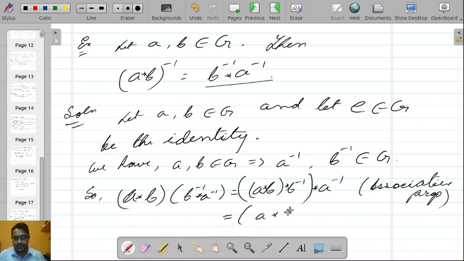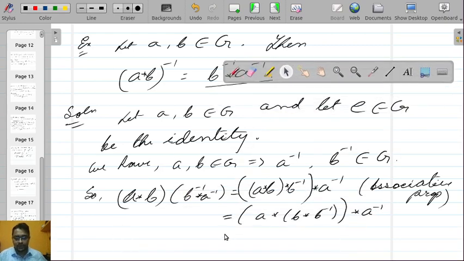So this can be written as a star (b star b inverse), and then the whole thing star a inverse. Okay, again the associative property. And then instead of b star b inverse, I can write identity star a inverse. Okay, and what is a star e? a star e is again the same as a, so it's a star a inverse, which is equal to identity.